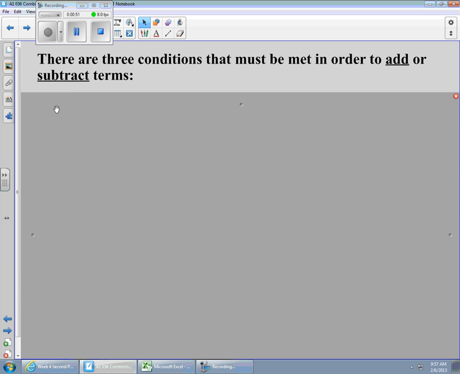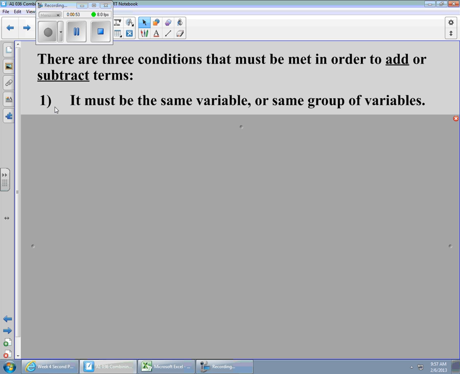So 3 conditions that must be met in order for us to be able to add or subtract terms. First off, if you want to add or subtract 2 terms, it must be the same variable or the same group of variables.